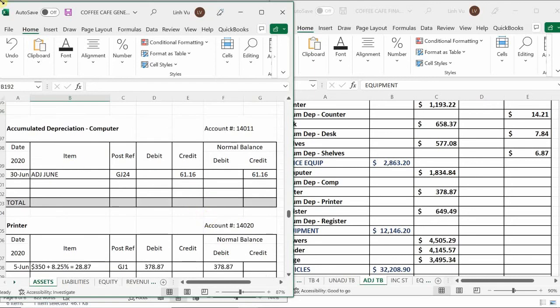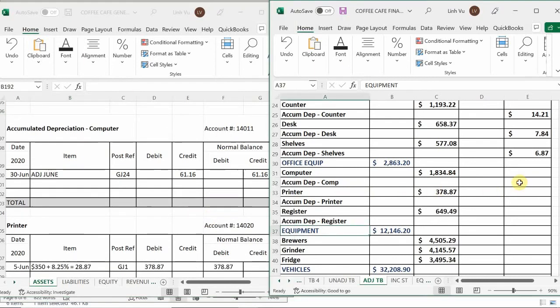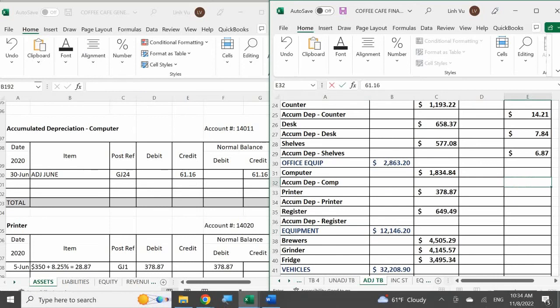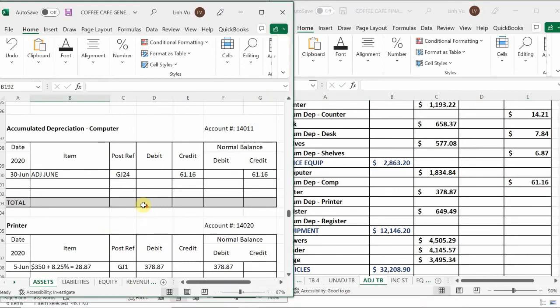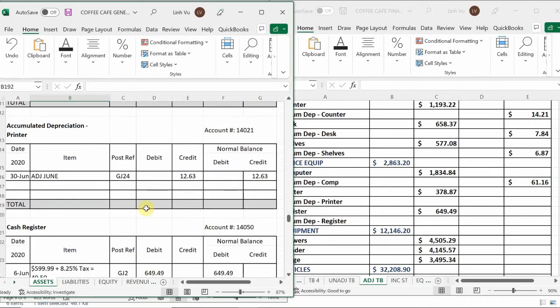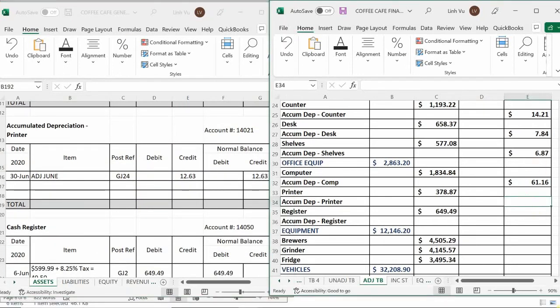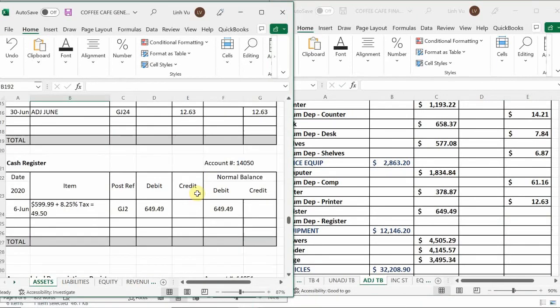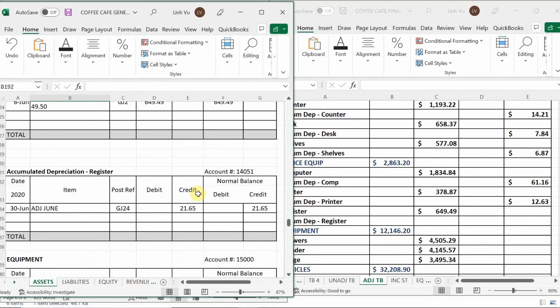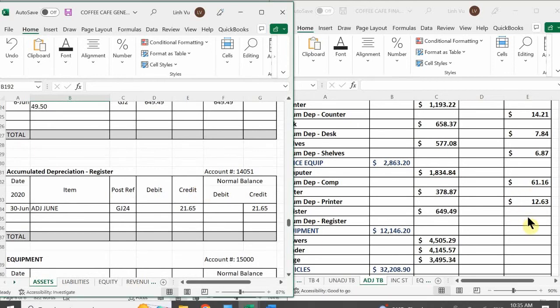It was $61.16. For my printer, it was $12.63. And then for my register, it was $21.65.